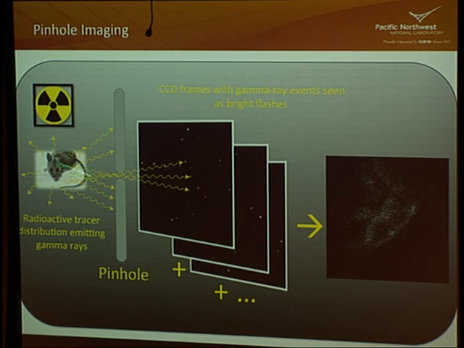The mouse is emitting gamma rays, and here we have a pinhole aperture that needs to block all of the gamma ray photons except for those going through the pinhole. Those pinholes are typically made of high density material: lead, gold, platinum. You have a detector where you detect the individual gamma ray interactions, and over time you can build up an image. What we have here is an image of the skull of the mouse.